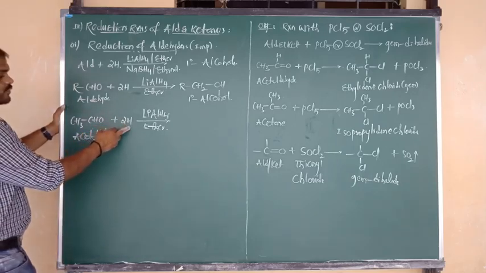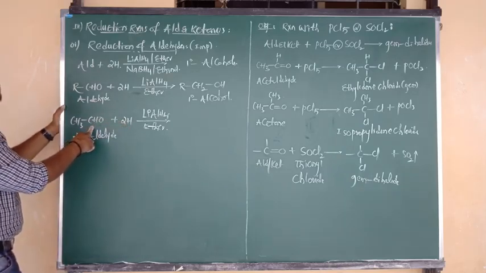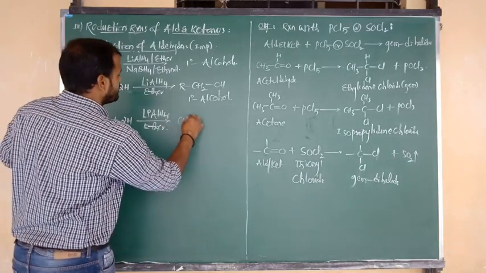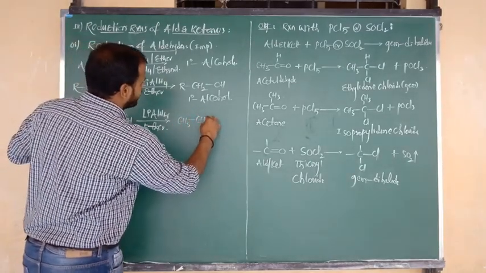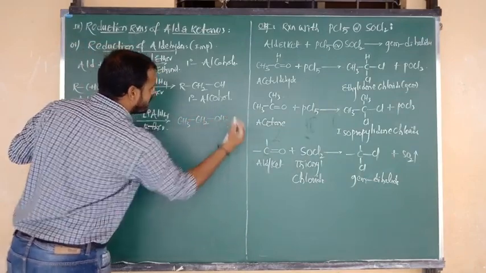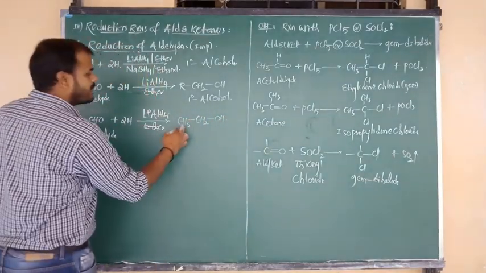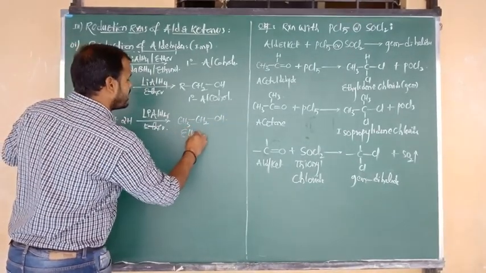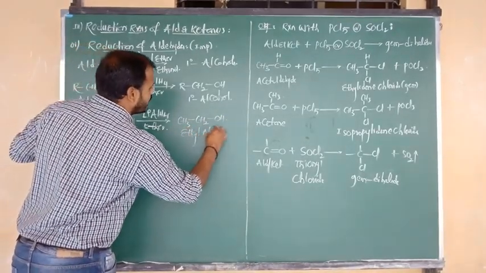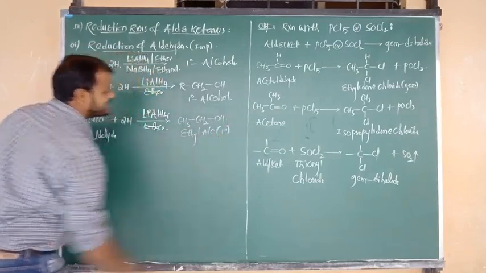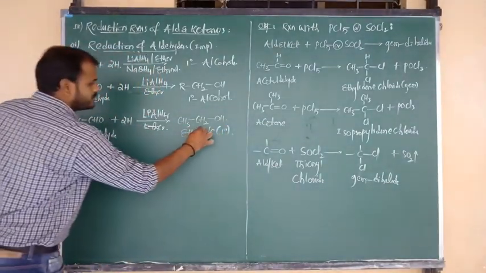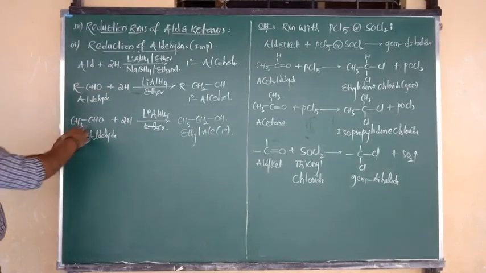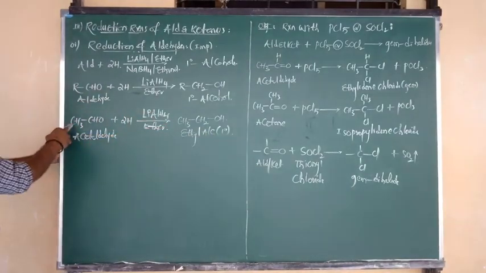Out of 2 hydrogens, 1 is given to CH so it becomes CH2, and 1 more is given to O so it becomes OH. The product is CH3 bonded to CH2OH. Two carbons means ethyl, so we can say ethyl alcohol or ethanol, an example of a primary alcohol.